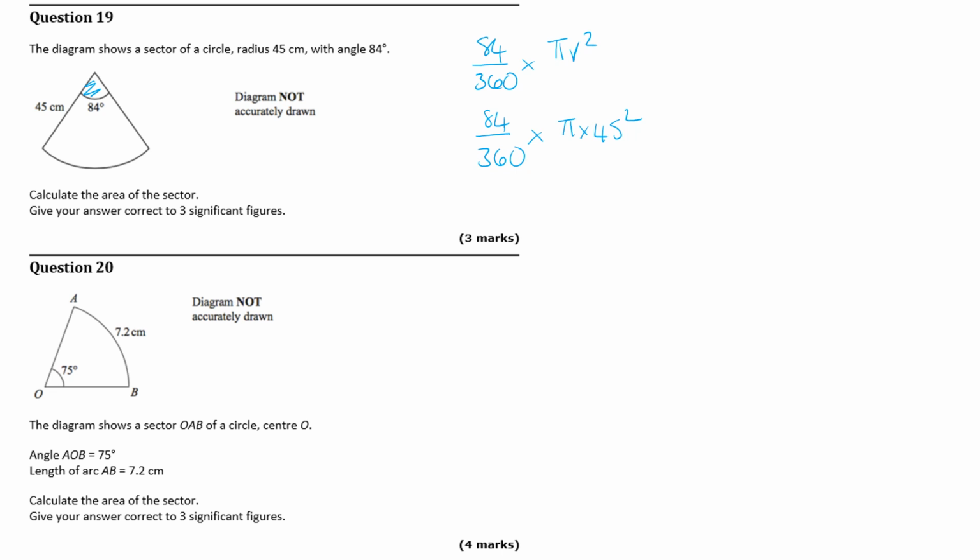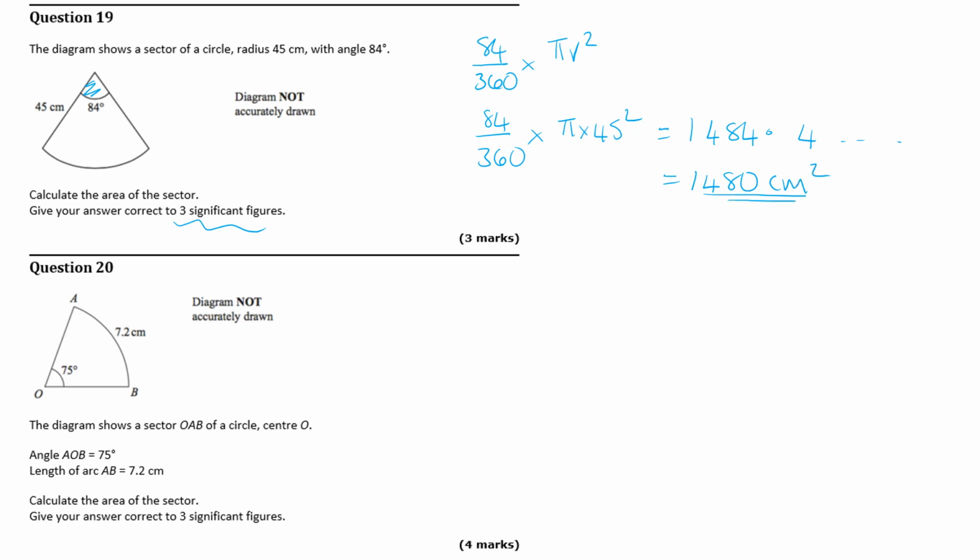So on your calculator, 84 divided by 360 times pi, we need to do the shift button and pi is down the bottom of your calculator, times 45 squared is equal to 1484.4, and then it asks us to just give it to 3 significant figures, so that would be 1480, and it's going to be in centimeters squared because it's an area.